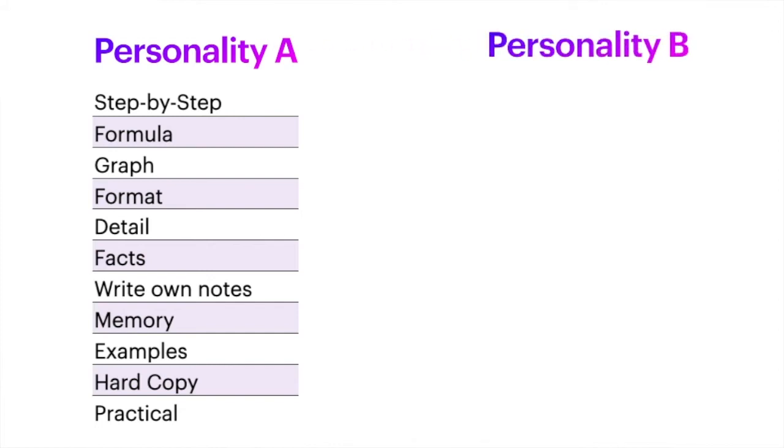Personality B, you first want to understand what you study. It is important for you, therefore, to understand when somebody writes a formula on the board, your question is, but why is it written like that?